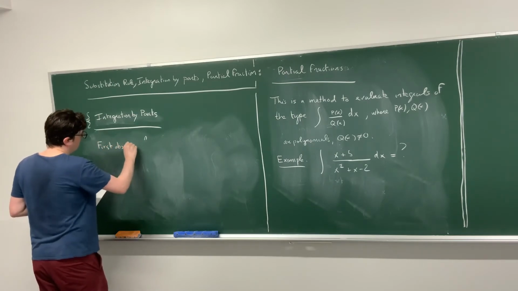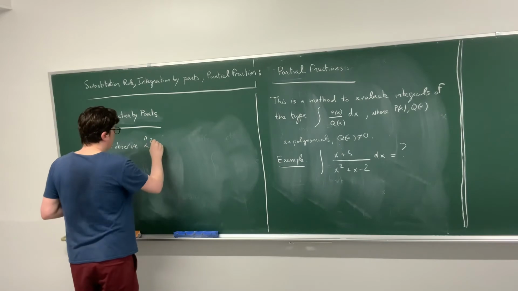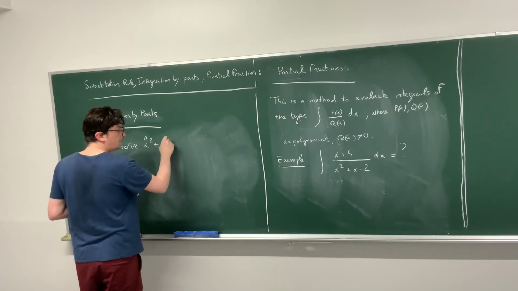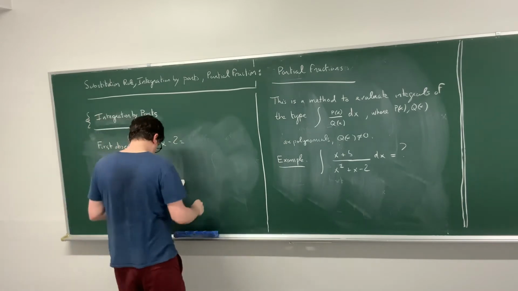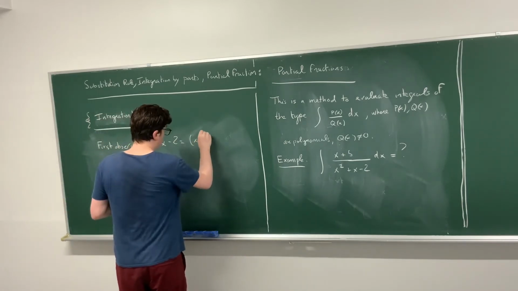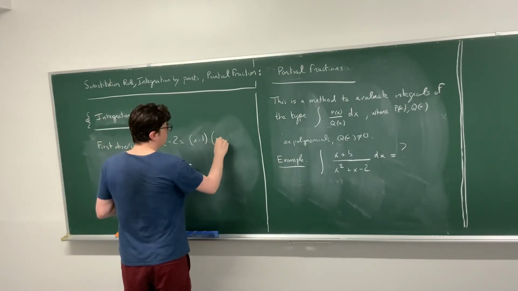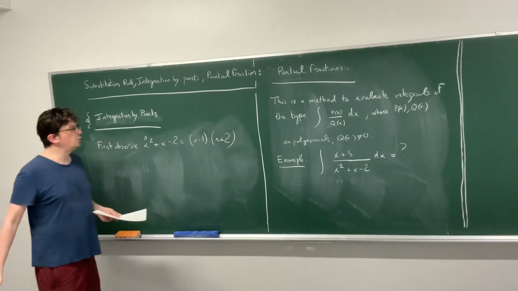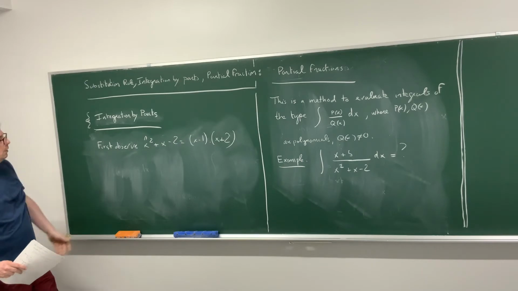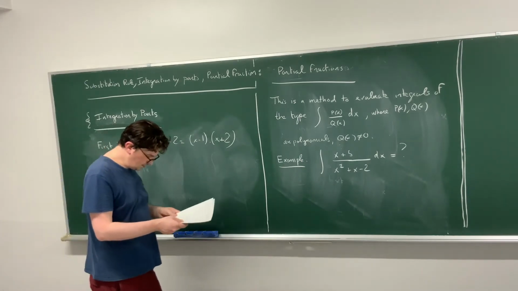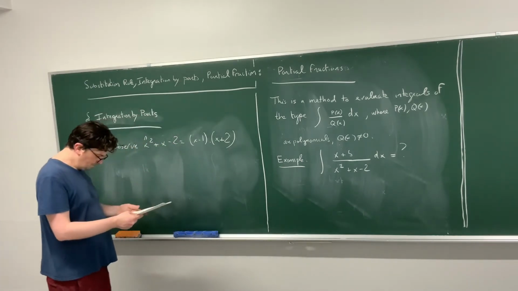This x squared plus x minus 2 can be written as x minus 1 times x plus 2, right? You use the usual discriminant formula, or you can easily find this factorization.